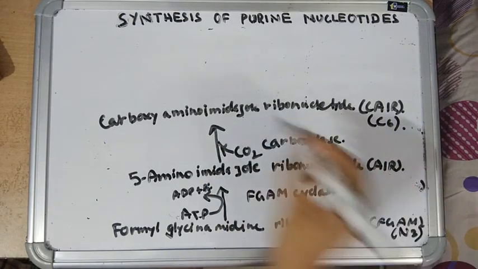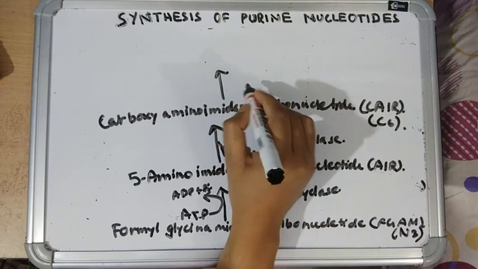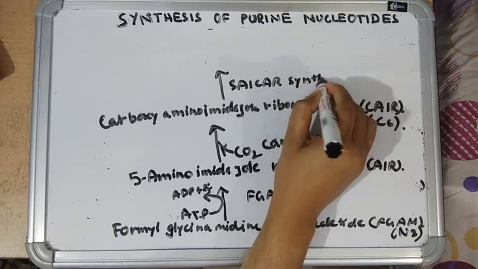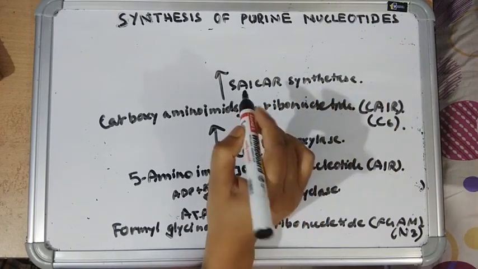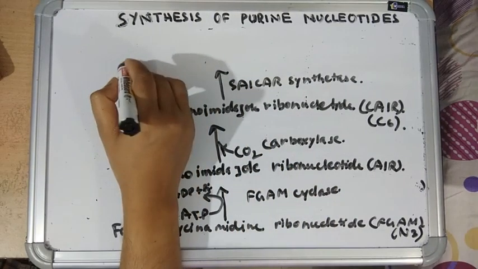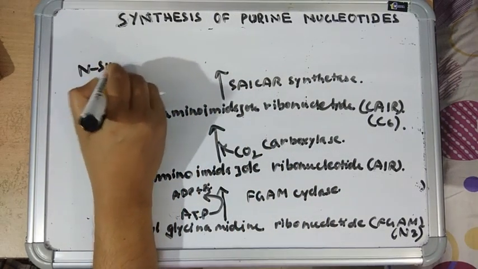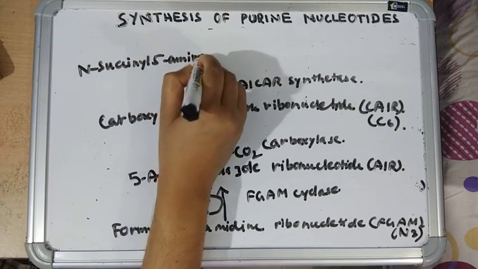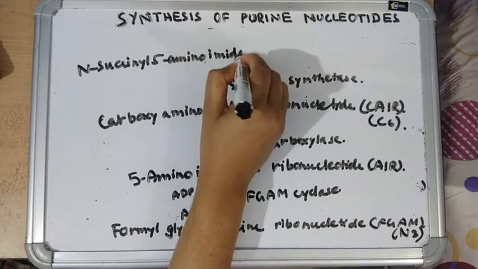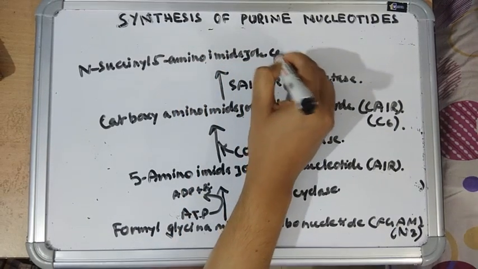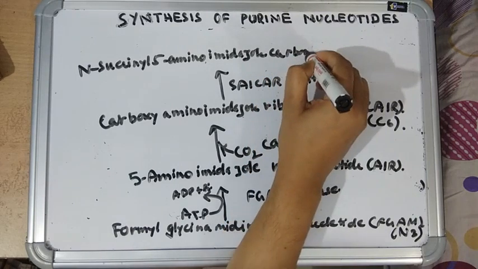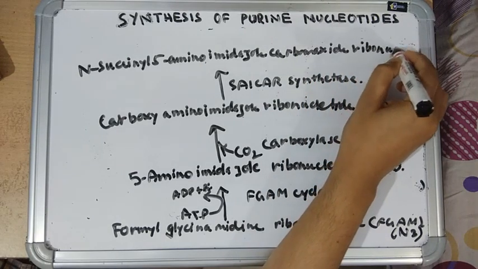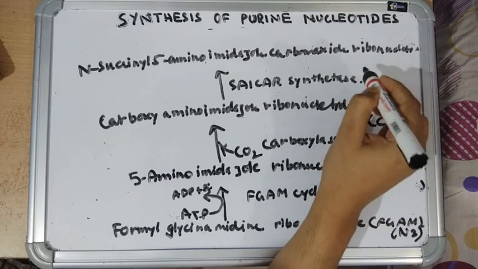Now this CAIR is acted upon by the enzyme SAICAR synthetase to form SAICAR, or N-succinyl 5-amino imidazole carboxamide ribonucleotide.